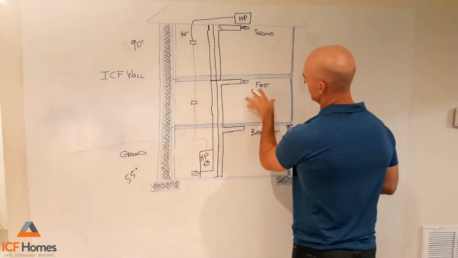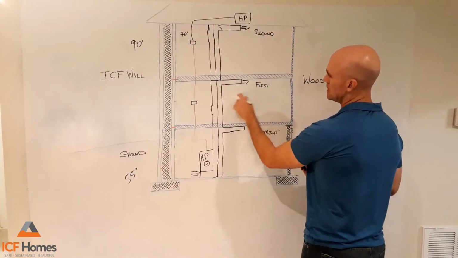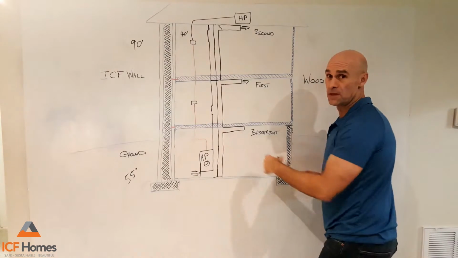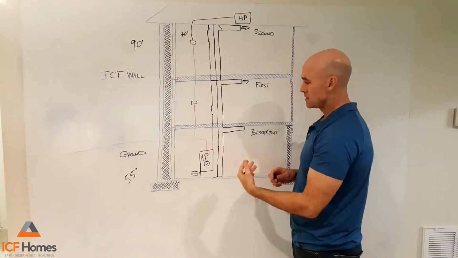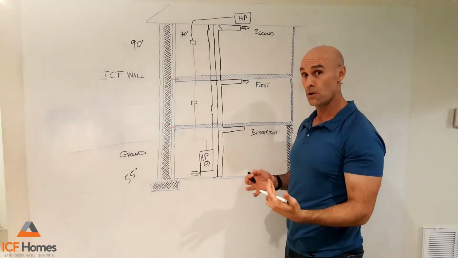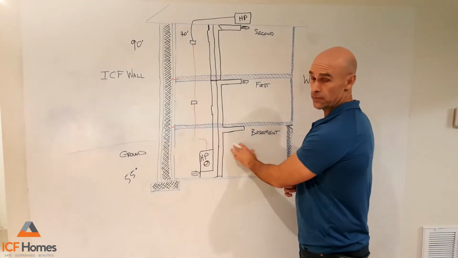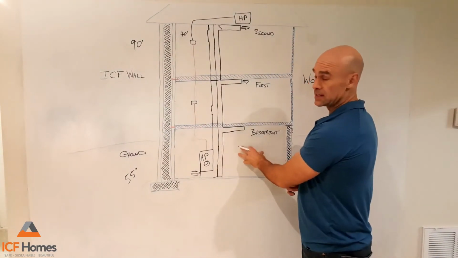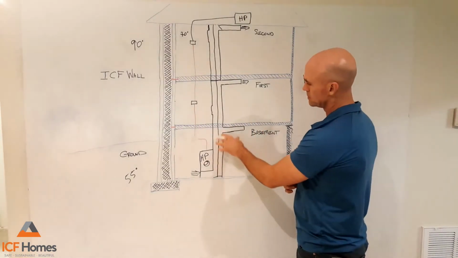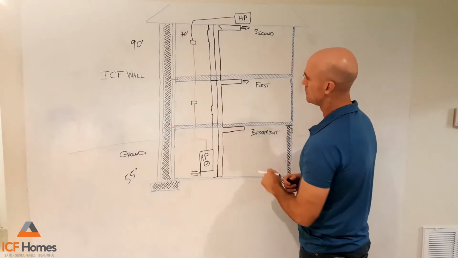Now, if the first floor needs cooling, it blows cool air out here, but it also blows cool air into the basement. The basement never needed it, and that's why in many homes the basements feel so cool in the summertime, or maybe sometimes cold, because we're getting cold air from the heat pump. It doesn't need it, because the first floor needed cooling, the basement didn't, but in most homes, the way they're designed, cold air blows out in both areas.